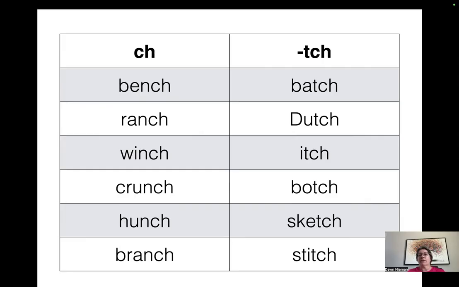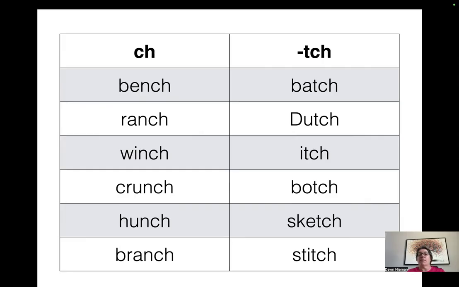Just like any other lesson, you want to incorporate vocabulary. So maybe they don't know what botch means. Maybe they don't know what a sketch is, but maybe you ask them, okay, I can make a batch of cookies. What is something else that comes in a batch?